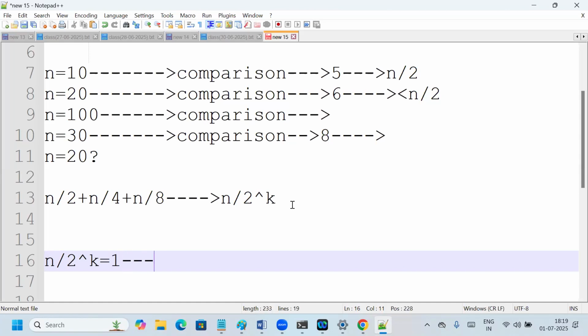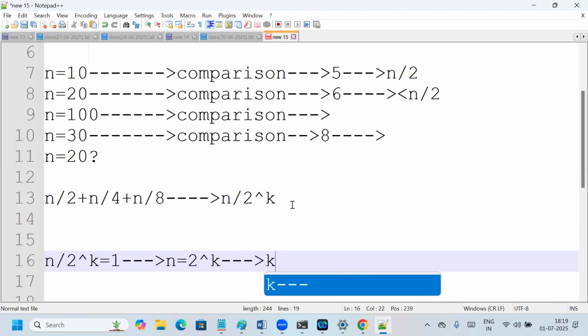So can I write like this? N equals to 2 power k, right? And I'm considering k is the total number of comparison, right? So n equals to 2 power k. What is the value of k here? If I'm telling n equals to 2 power k, what is the value of k here?